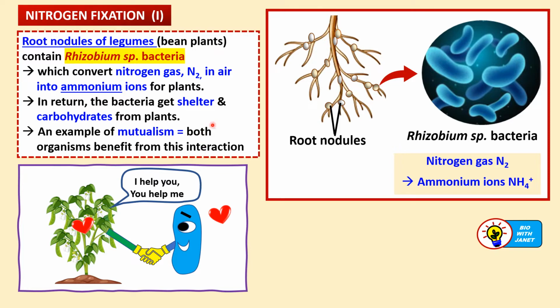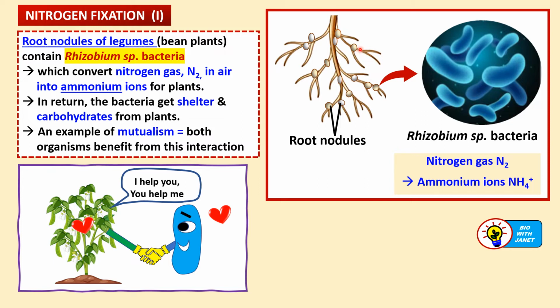Right, so if we are talking only about nitrogen fixation, we'll focus on this part here about the nitrogen fixation process. All right, so root nodules of legumes or bean plants, such as long beans or peas, and other plants like groundnuts, have roots that have swellings, okay?